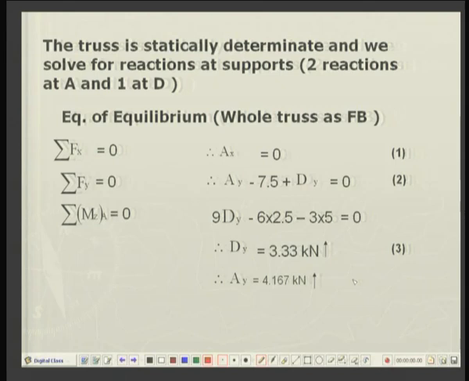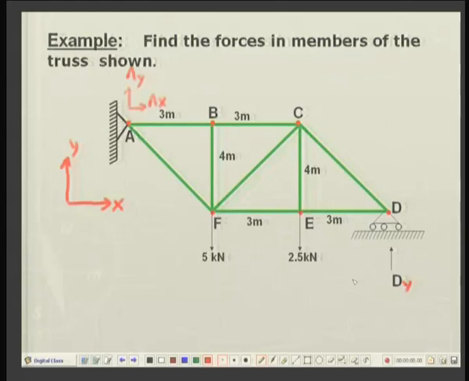Both Ax and Ay will have 0 moment about point A because they pass through point A. So, our equations will be very easily solved. First of all, Ax is equal to 0. In the horizontal direction there is only one force Ax and no other horizontal force. So, immediately we know that Ax is equal to 0.